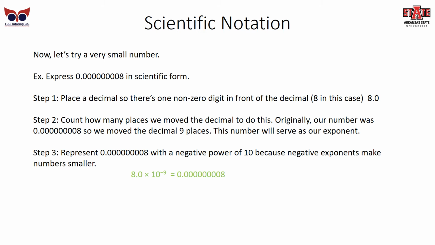We moved the decimal 9 places, 8 zeros, and then the number 8. That's going to be our exponent. But because it's a tiny number, you're dividing by 10 every time. So this is 8.0 times 10 to the negative 9th. So remember, negative powers for really small numbers, positive powers for really big numbers.